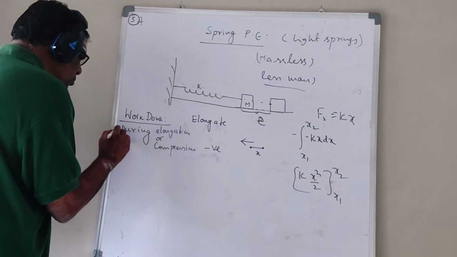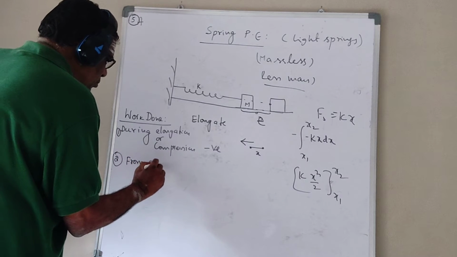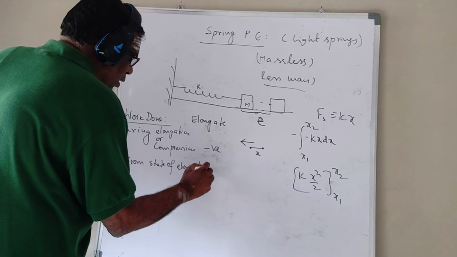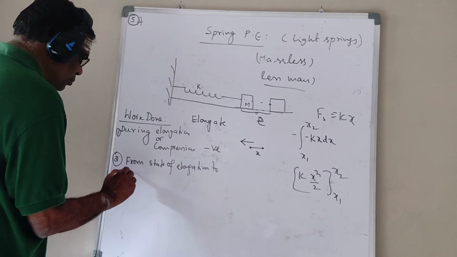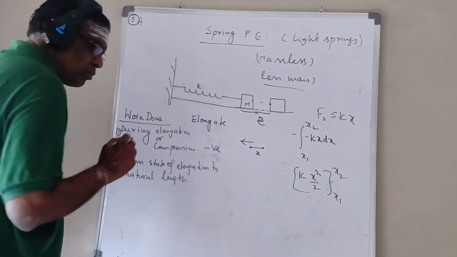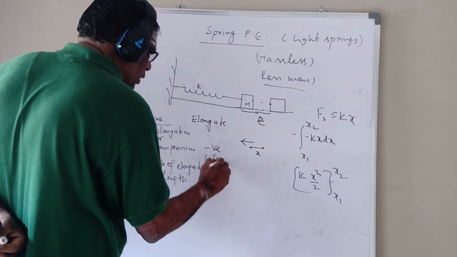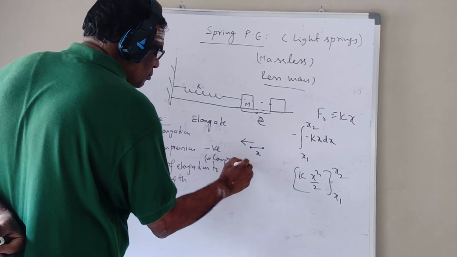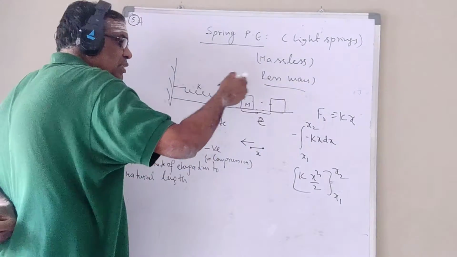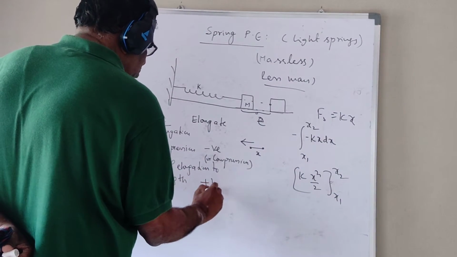This is the first point. From the state of elongation to natural length, in the process, remember: now here suppose I am leaving it, it will come like this, displacement is like this, force is like this, so the work done in which case is positive.